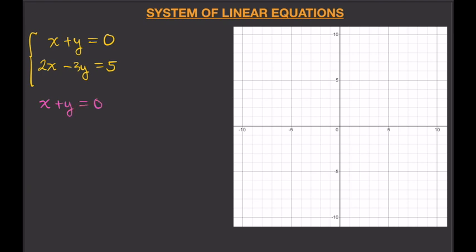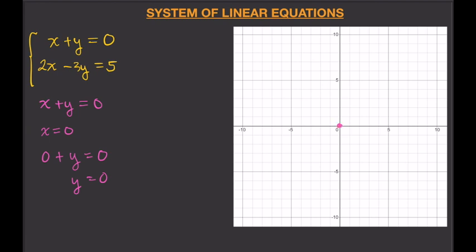To graph a linear equation, you just need 2 points to connect. To find the first point, set x to 0 and solve for y. If x is 0, that gives 0 plus y equals 0, so y equals 0. The first point is (0, 0).